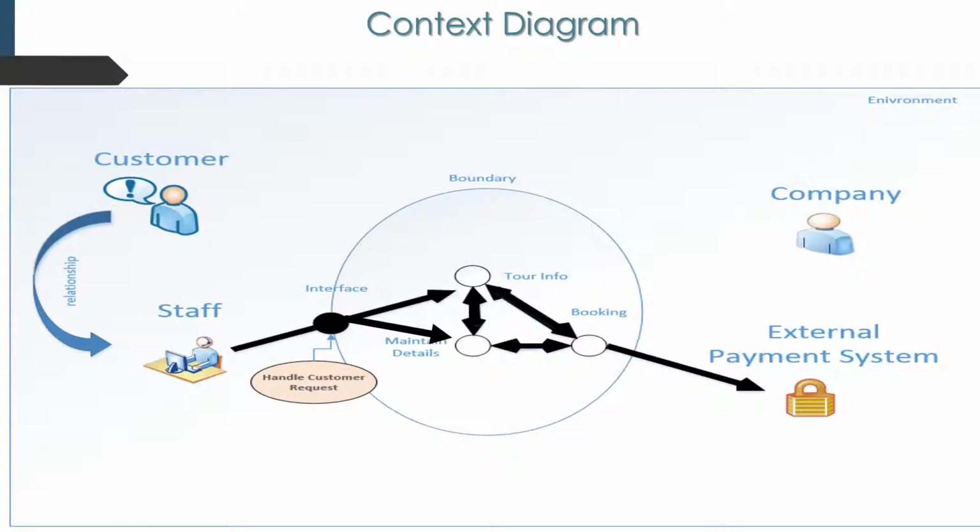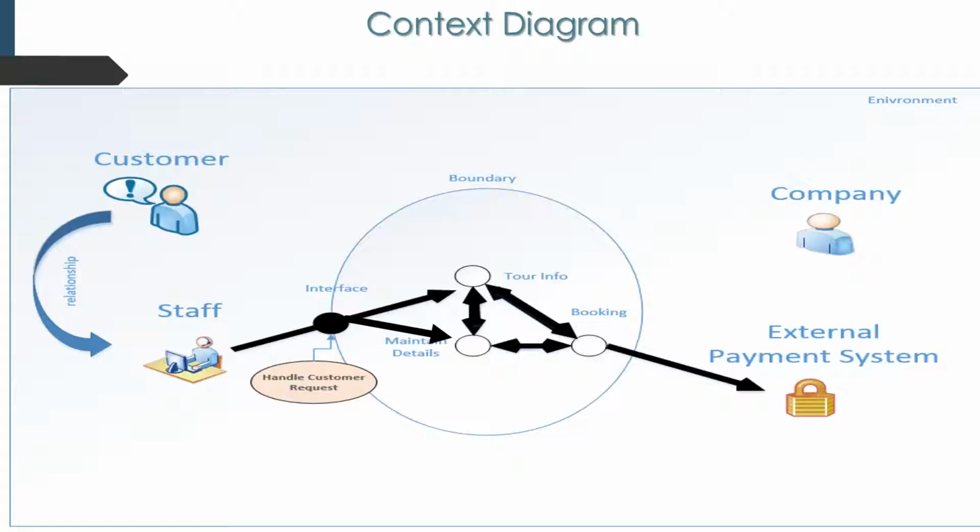Following on from a system diagram, a context diagram goes more into depth on understanding the entities in their environment, components used, and the data flowing in, out, and in between one another. Different entities have been identified as being interactive with the system, such as the staff, external payment system, and customer.